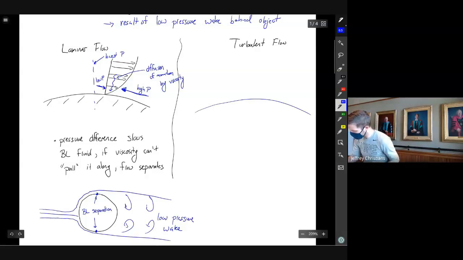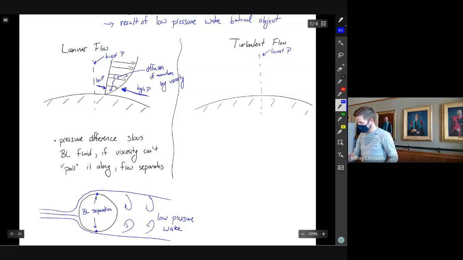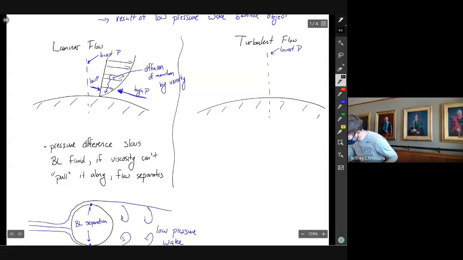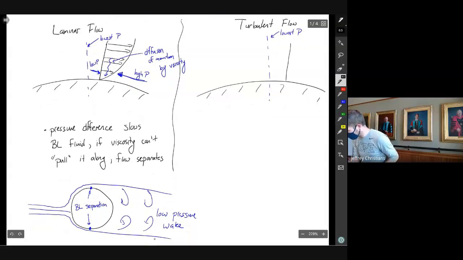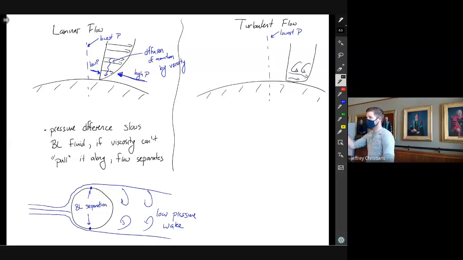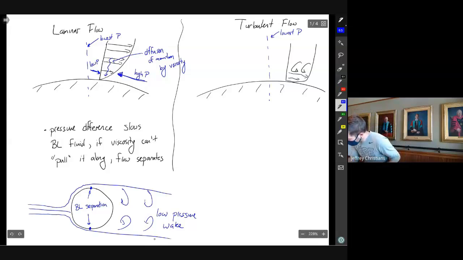So in turbulent flow, we have the same kind of picture where we have, this is our lowest pressure. And if we were to look at what's happening in the boundary layer, we have sort of mixing where you can take fast fluid from far away from the object and swirl it in and mix it up with the slow fluid that's close to the surface.